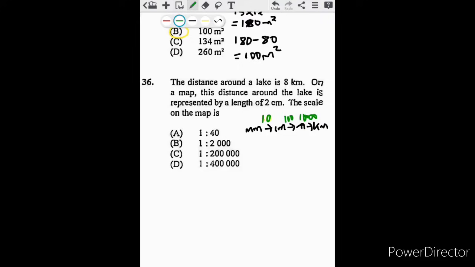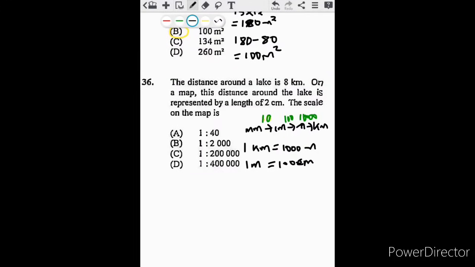Now we need to find how many centimeters make a kilometer. So we have 1 kilometer equal to 1000 meters, and 1 meter is equal to 100 centimeters.